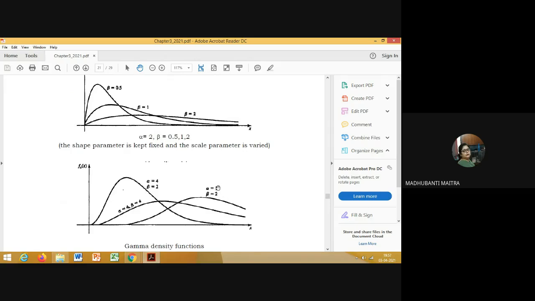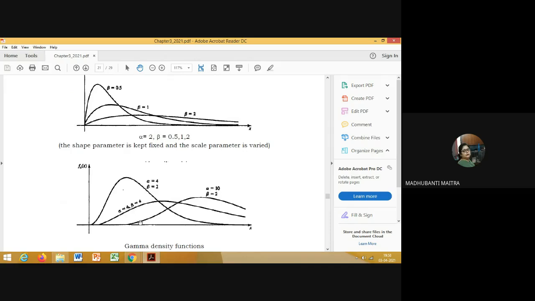This alpha value has been changed to 10, and the beta value is equal to 2. So now we can compare these two density functions for which the beta value is the same, equal to 2, and the alpha value is completely different.